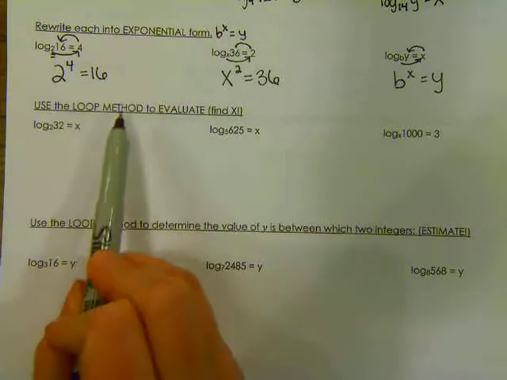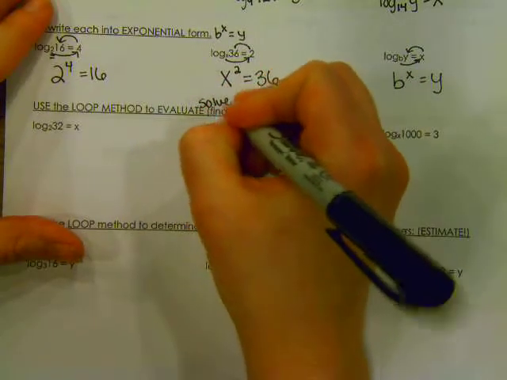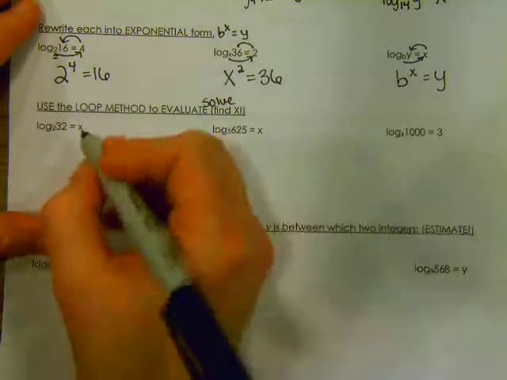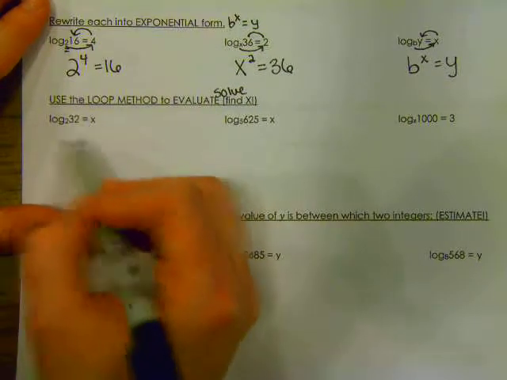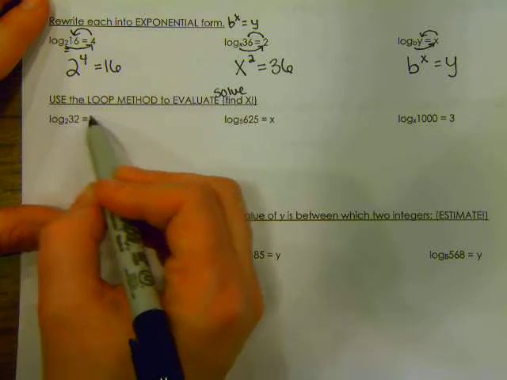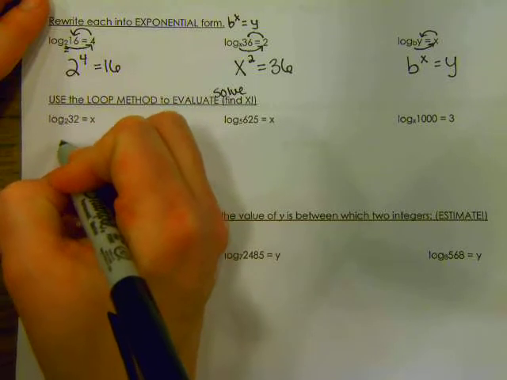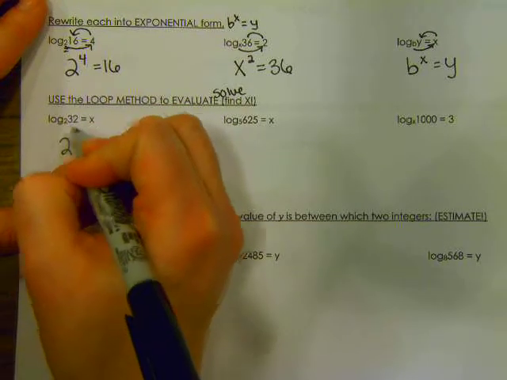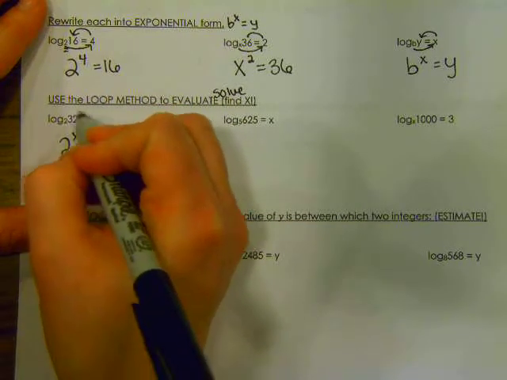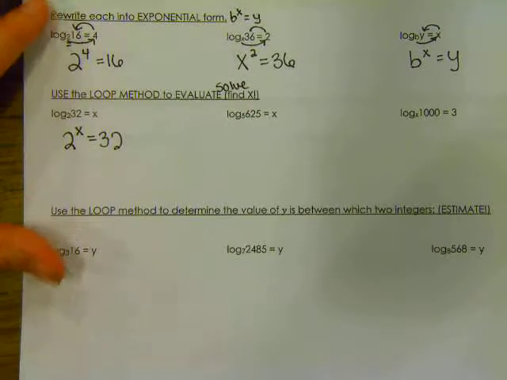We're going to use the loop method to evaluate or solve or find for x. Meaning, when you read this, what you want to do is read to yourself. We're going to write it in exponential form. So 2 to what power equals 32. See how I looped around? 2 to what power?